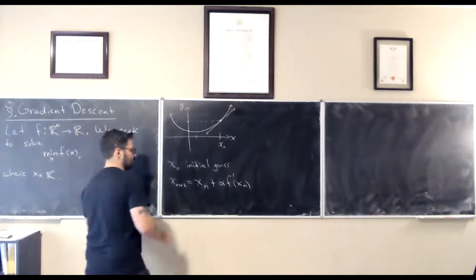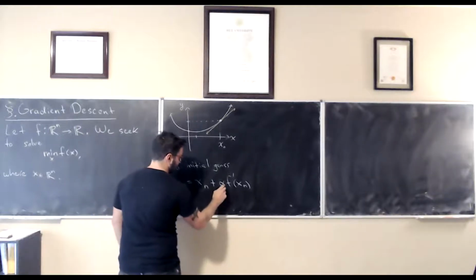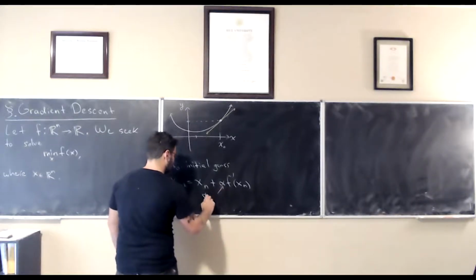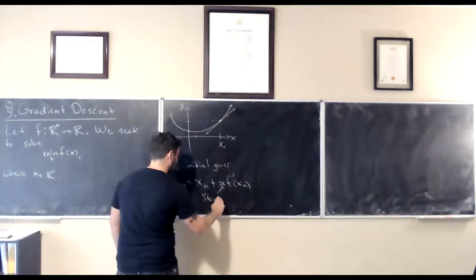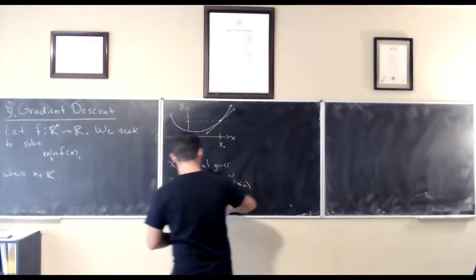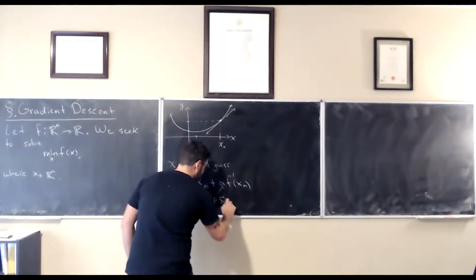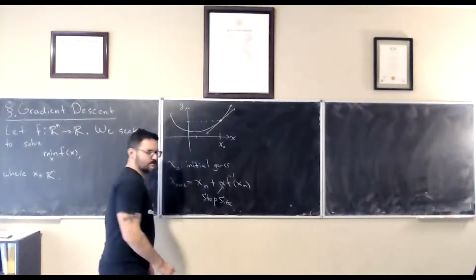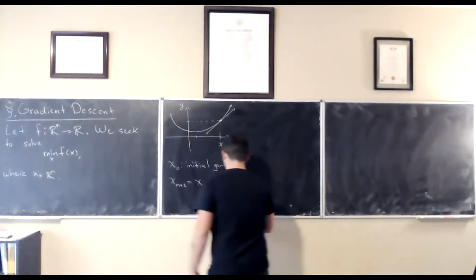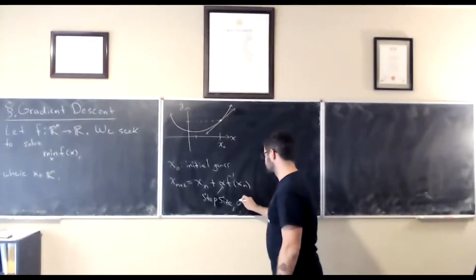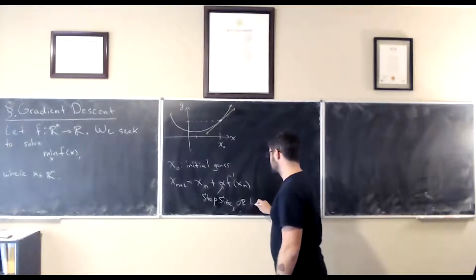And here alpha is called your step size, but oftentimes in machine learning literature, it's more common to call it your learning rate.